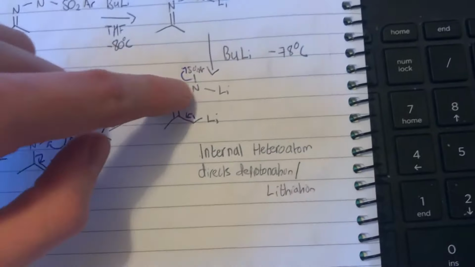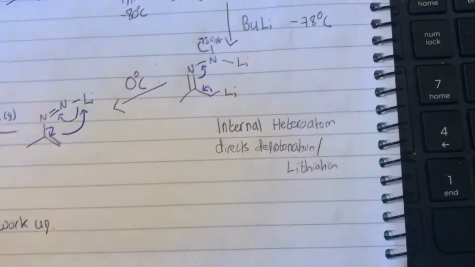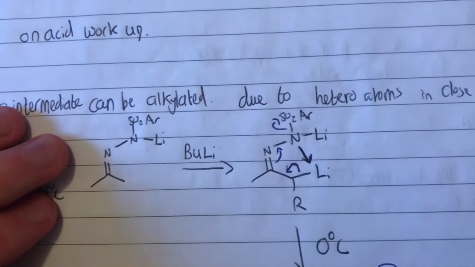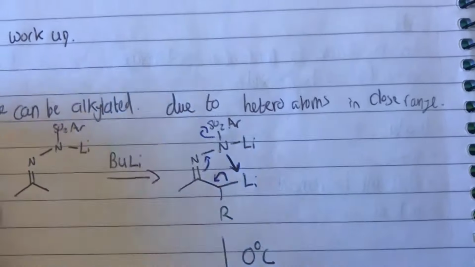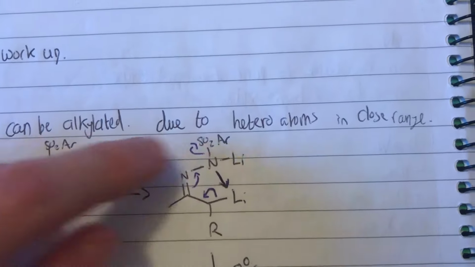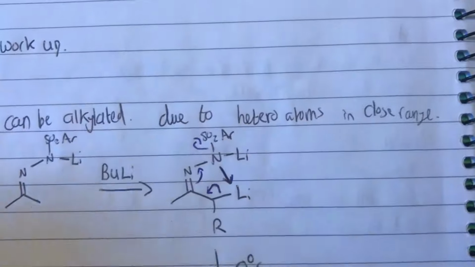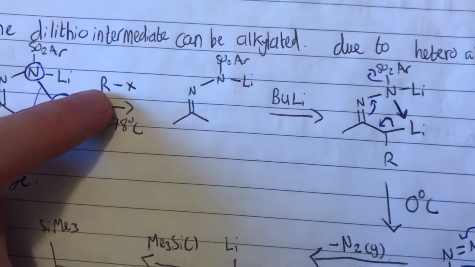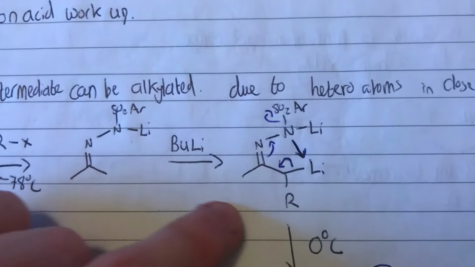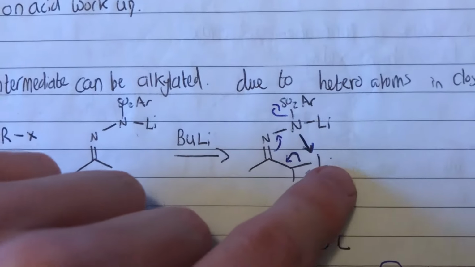There's a stabilization factor between these 2 atoms there, and effectively that can attack the R. So we start with this, we have the lithium, we've got the interaction there, but the lithium does the same. Sorry, my bad. The lithium attacks here, we form R-Li. The butyl lithium attacks again and forms R-Li here.